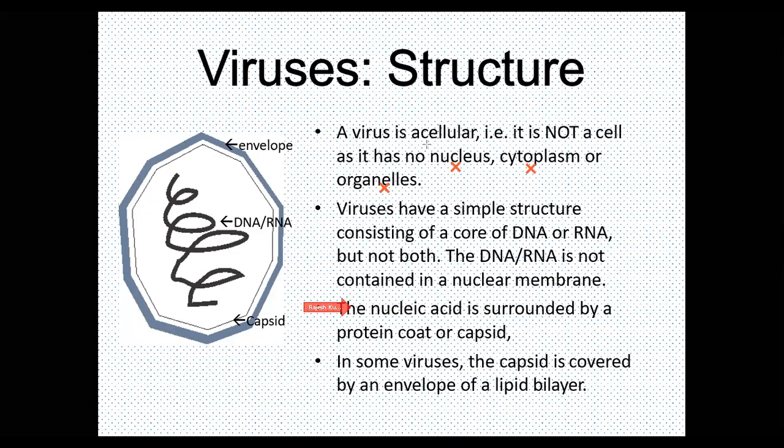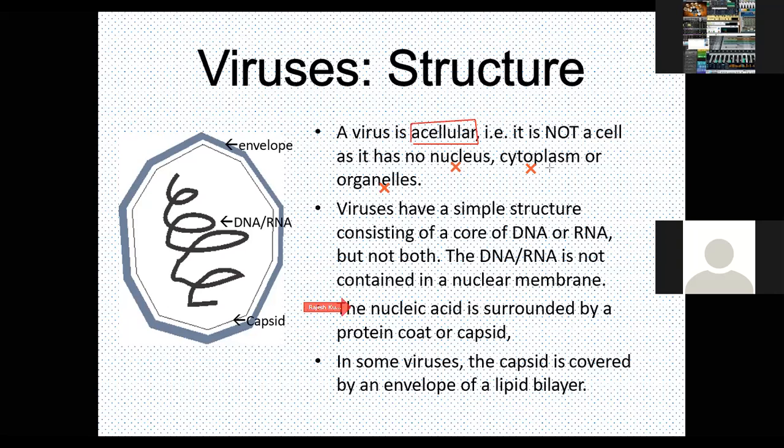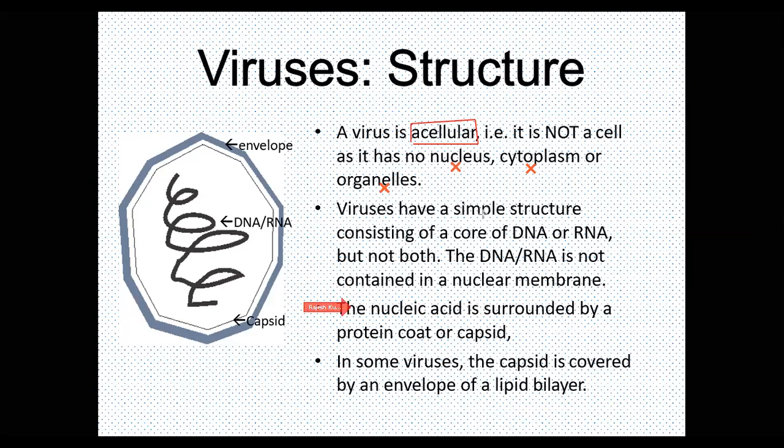Virus is acellular. There is no presence of nucleus, cytoplasm, or other organelles. Viruses have a simple structure consisting of a core of DNA or RNA. Core means the main part is DNA or RNA.